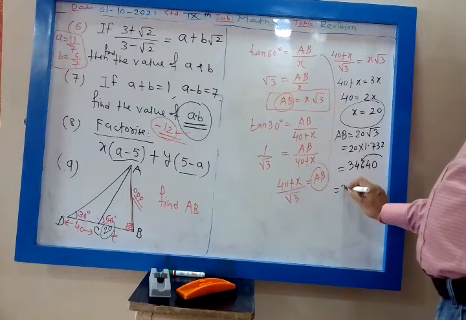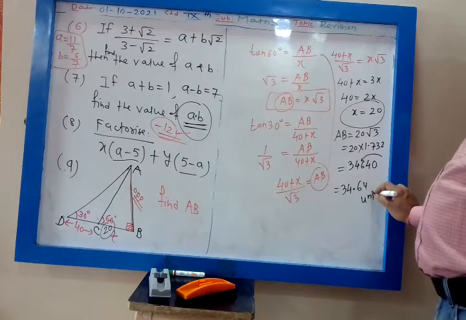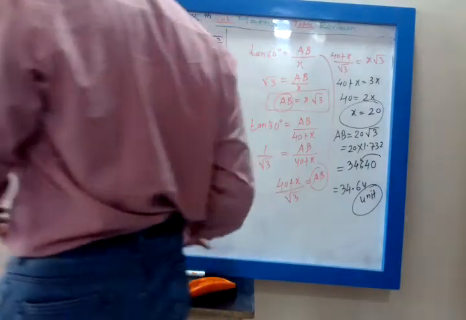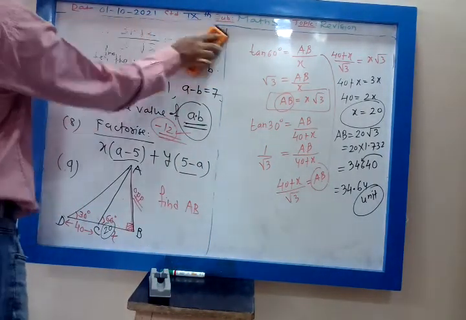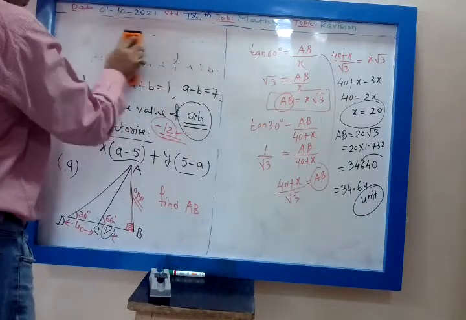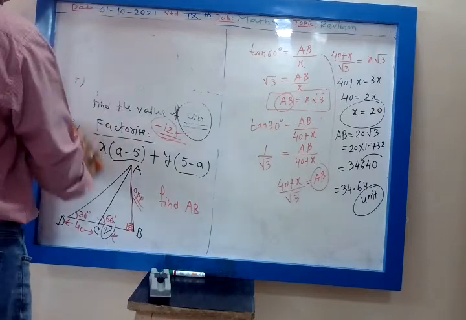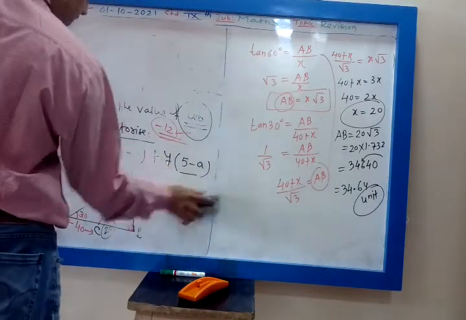Answer is 34.64 unit. Whenever centimeter, meter is not given, you will write the unit as unit. Whenever meter, centimeter is not given, we write the unit as unit.